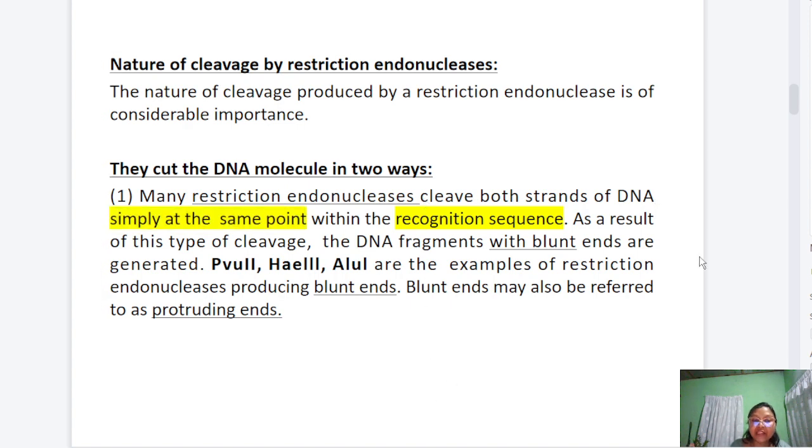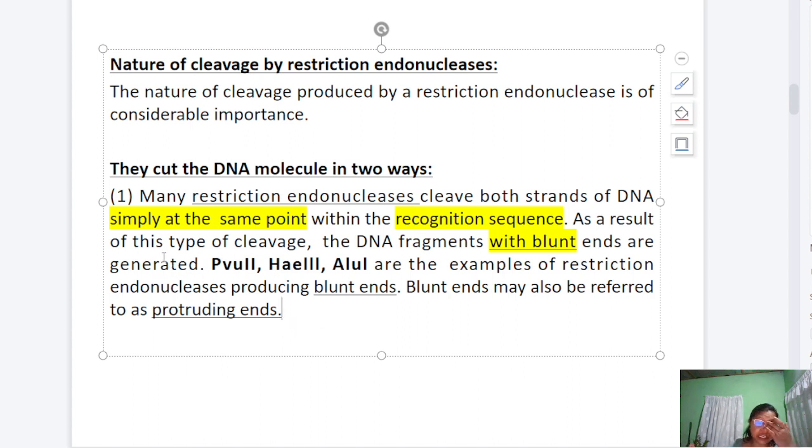As a result of this type of cleavage, DNA fragments with blunt ends are generated. Why? Because they are cutting exactly where they are recognizing. Some examples like PvuII, HaeIII, AluI are examples of restriction endonucleases producing blunt ends.